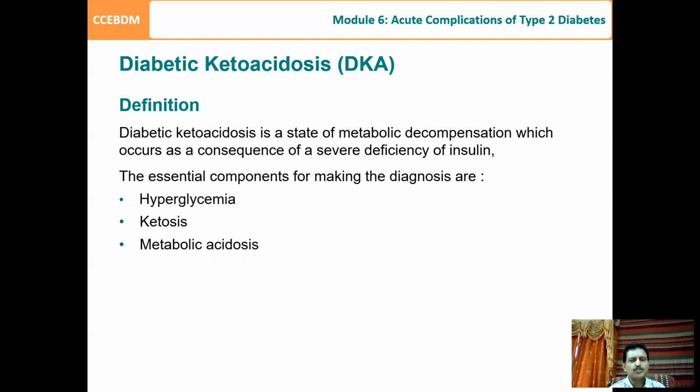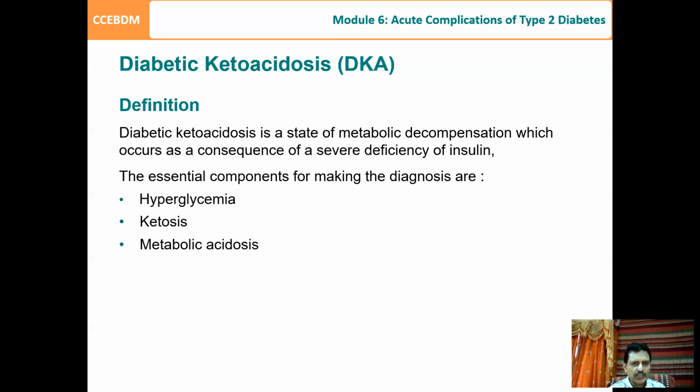In most situations of DKA, the blood glucose level is more than 300 milligram per dl. So we expect, before we make a diagnosis of diabetic ketoacidosis, to have a blood glucose level of more than 300 milligram per dl. Usually it does not exceed 600 milligram per dl, and usually if the blood glucose level is less than 300 or 250 milligram, the possibility of DKA is very, very remote.